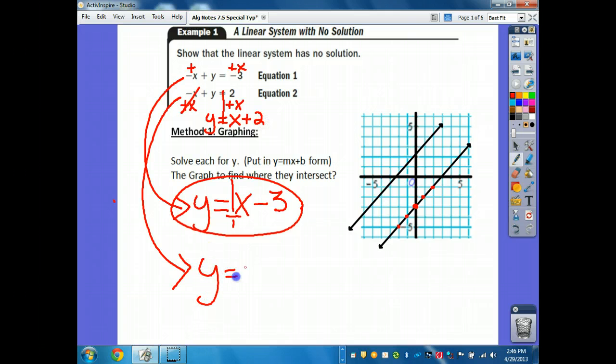That's a 1. Is that the same exact line? No, this one goes through the y-intercept at -3 and this one goes through the y-intercept at 2. But what do we notice about these two? They have the exact same what? Slope. So we know since their slope is the same, they're going to be parallel.